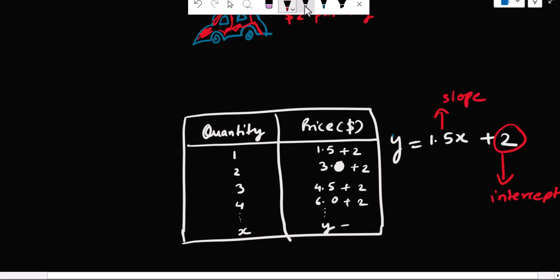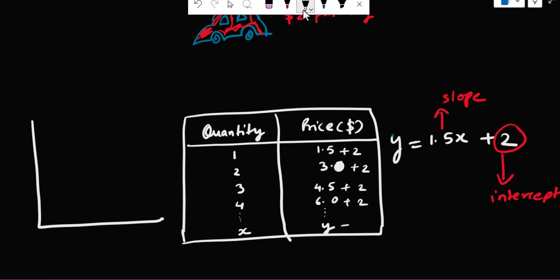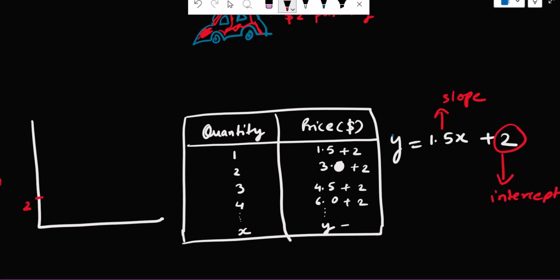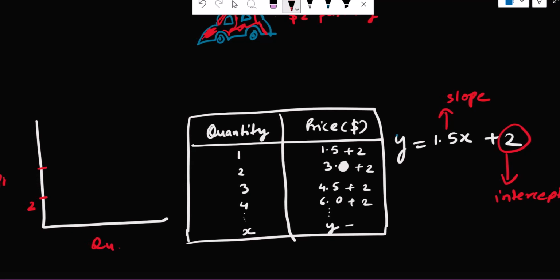Now if we visualize the relationship between x and y again, we will find that the line starts from 2 for the 0 value of x, with respect to quantity. Even if the quantity is 0, we are paying the parking fees, and so the price value will start from 2, and then we can add 1.5 on top of that for each quantity, and that becomes 3.5.